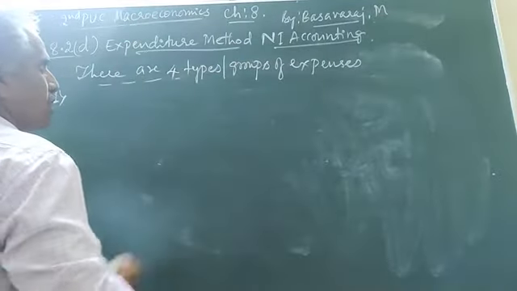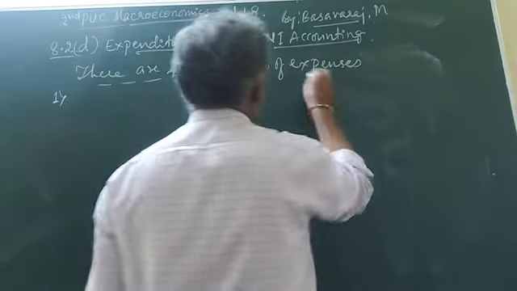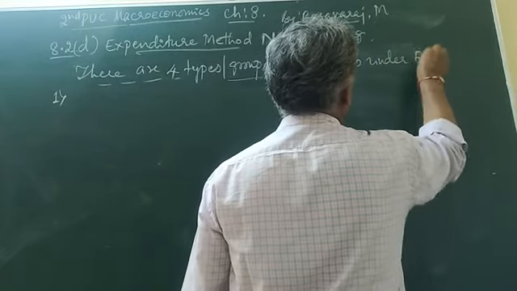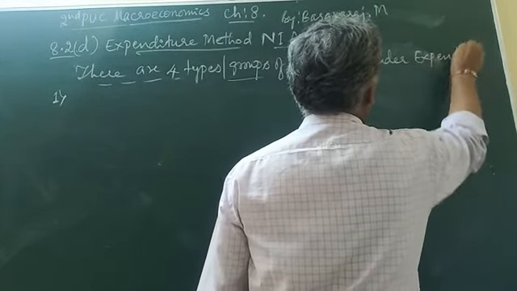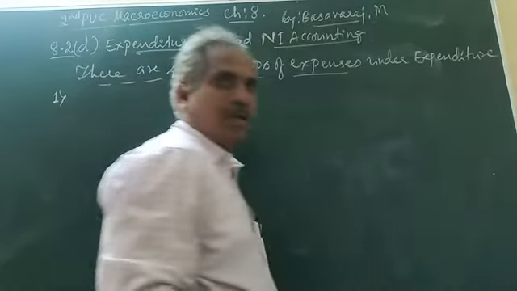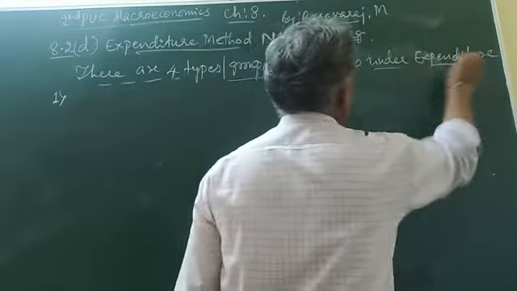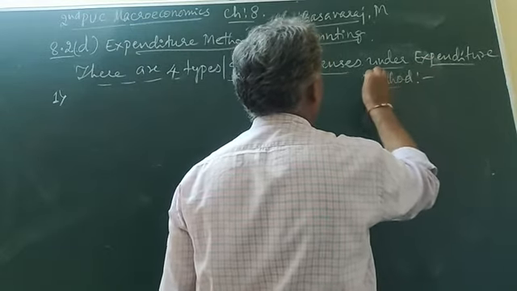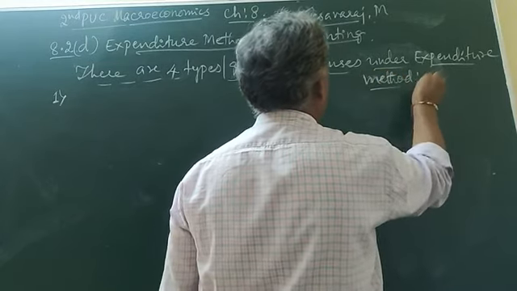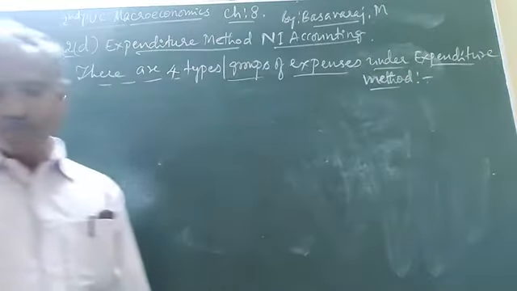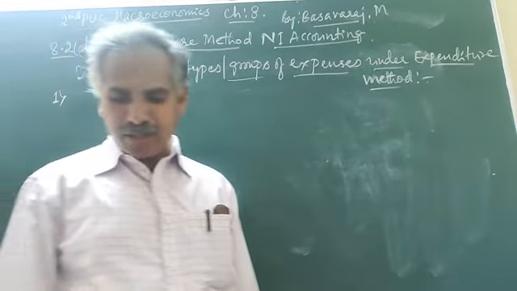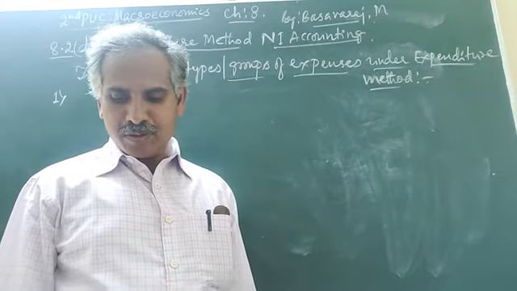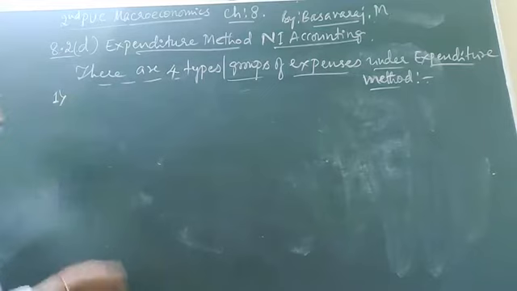There are four types or four groups of expenses under the expenditure method. Among them, the first one is final consumption expenditure.